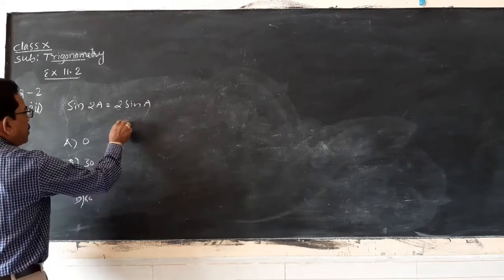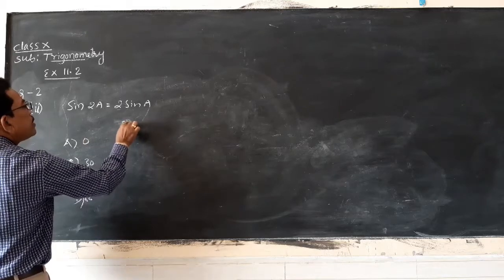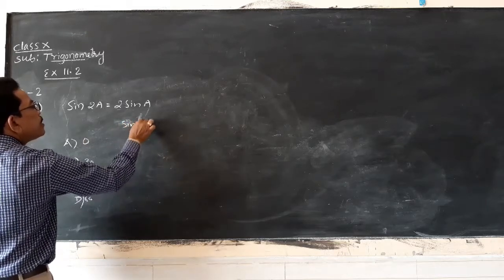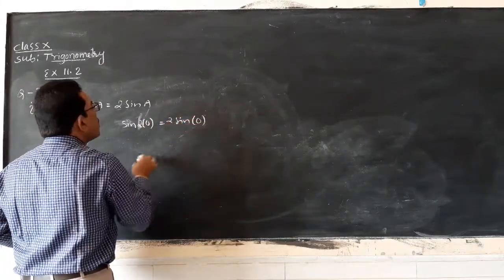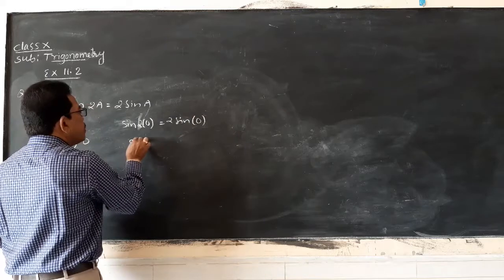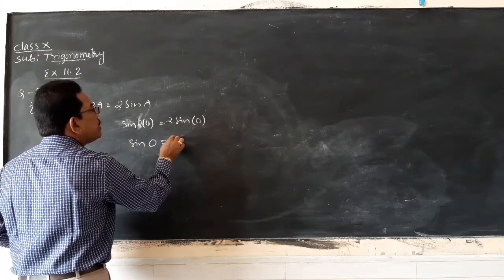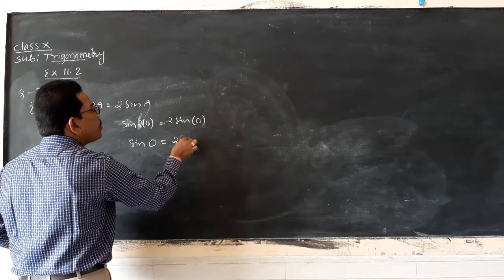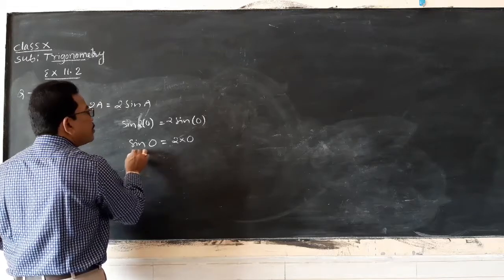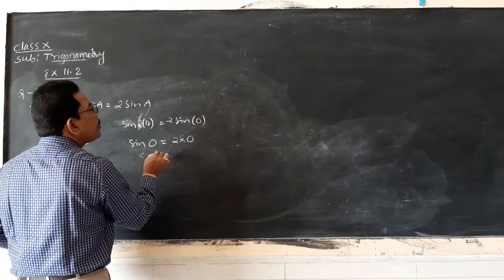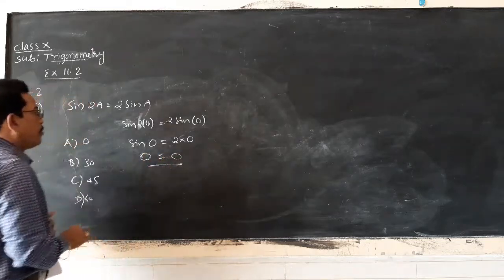Okay, let us check sine 2a. For a equals 0, sine 2 into 0, that is 0, and 2 sine a is also 0.